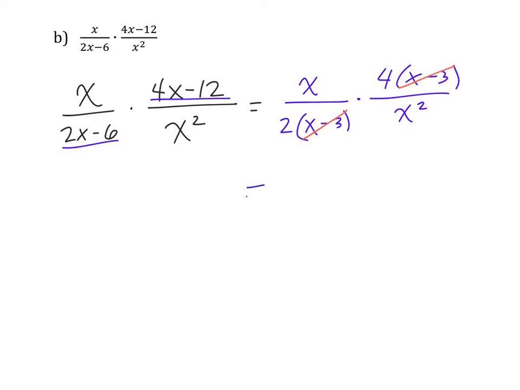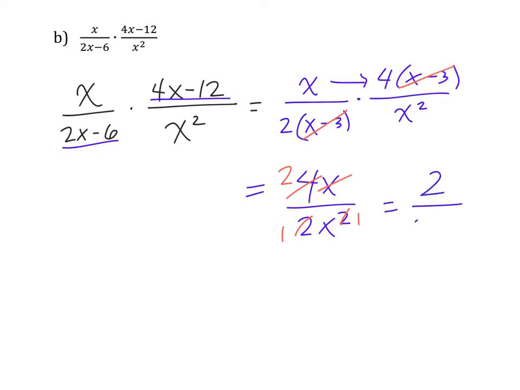Here, multiplying across, 4 times x is 4x. Multiplying across, we have 2x squared. And this is something that I can actually cancel easily. This is going to be 2, this is going to be 1, right? x is gone, this becomes x to the first power, so I'm left with 2 over x to the first power.